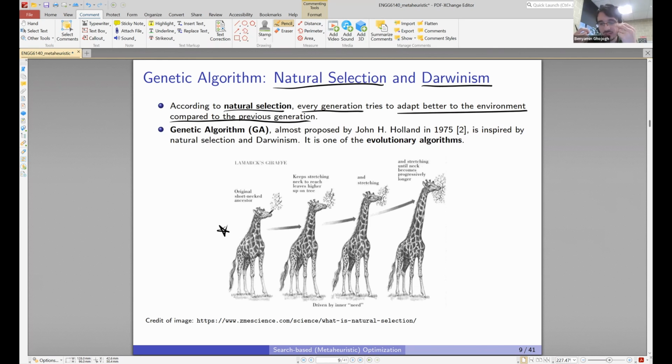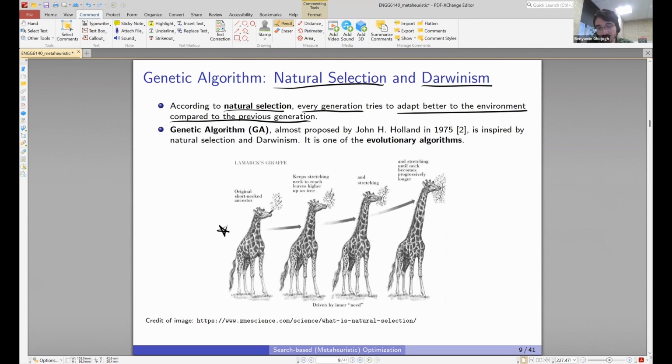Those giraffes could survive better because they had more food, because they could reach the top of the trees which had leaves, because they were eating leaves. But the ones which had shorter necks couldn't reach the leaves above the tree, and because of lack of food, they gradually were removed from the cycle of generations. They died because of lack of food.